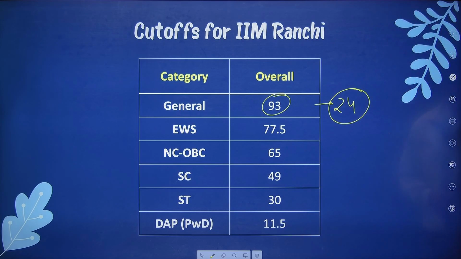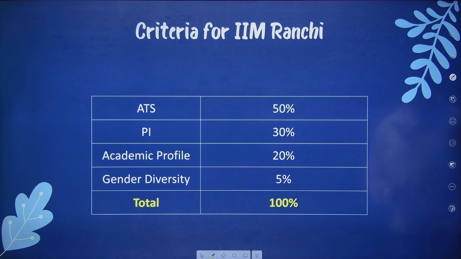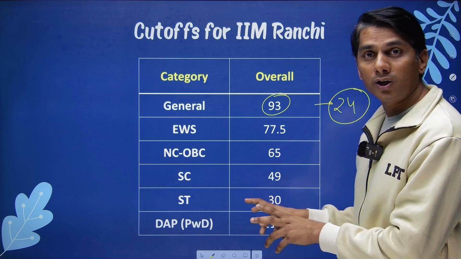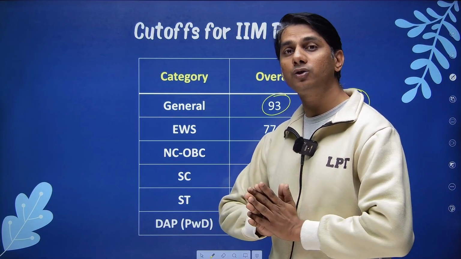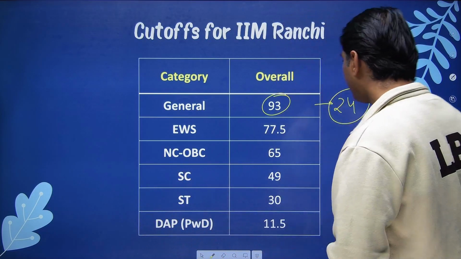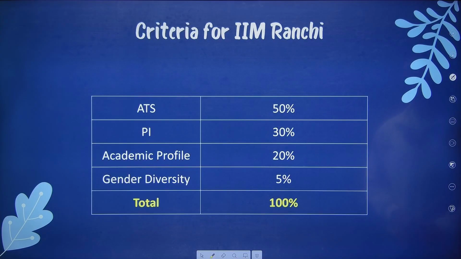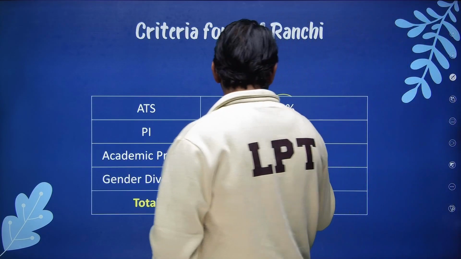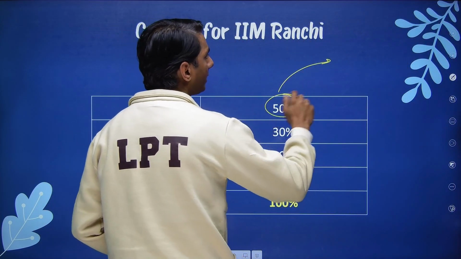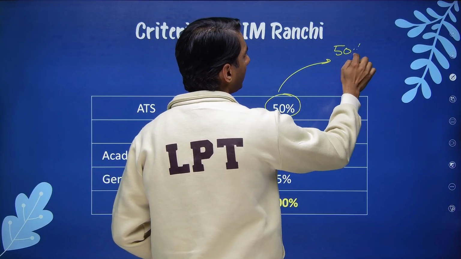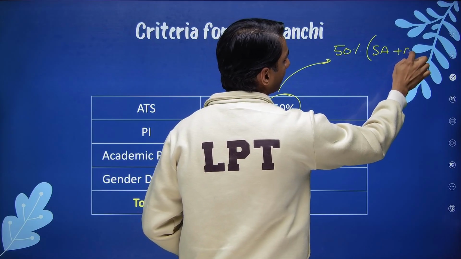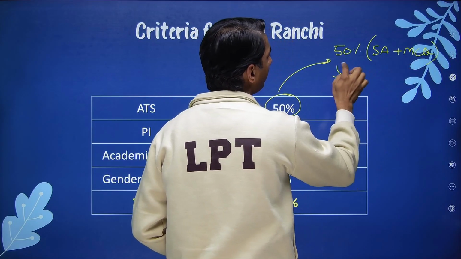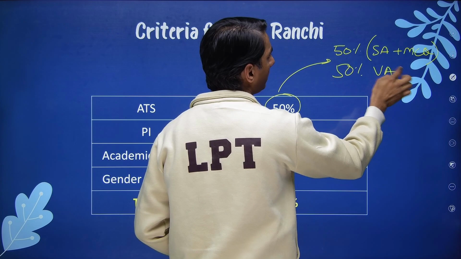Once you clear the cutoff, again iterating, this is overall cutoff, not sectional cutoff. IIM Ranchi does not consider sectional cutoff, it considers only overall cutoff. Once you clear the overall cutoff, your ATS score is calculated by giving 50% weightage to the short answer plus MCQ sections combined, and 50% weightage to the verbal ability section.